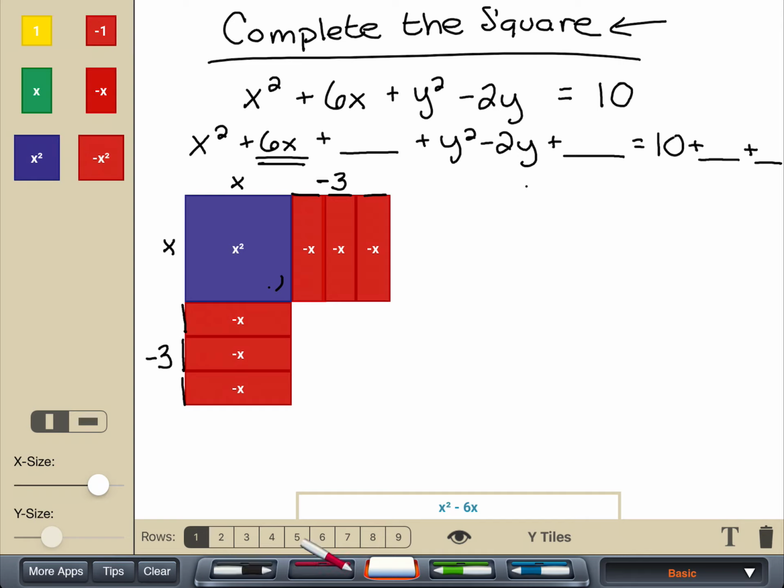So we would be doing 3 times 3, which is a positive 9. So 1, 2, 3, 4, 5, 6, 7, 8, and 9. And now we've made a square. So we added 9 to that one.